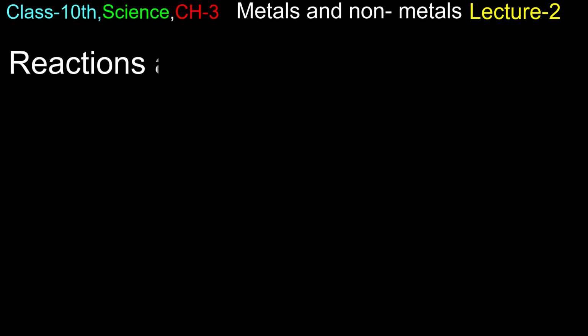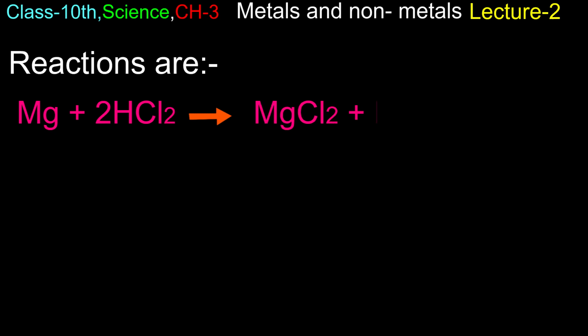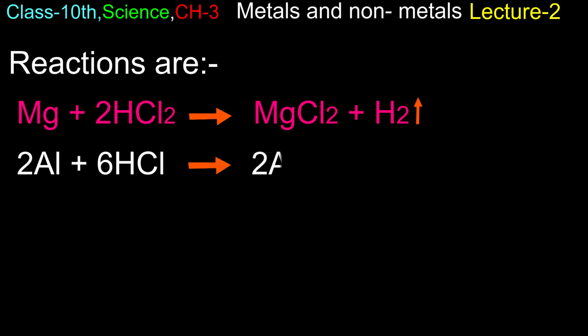And the reactions are: magnesium reacts with hydrochloric acid to produce magnesium chloride, which is a salt, and hydrogen, which is a gas. Aluminium also reacts with HCl to form aluminium chloride and hydrogen is evolved.